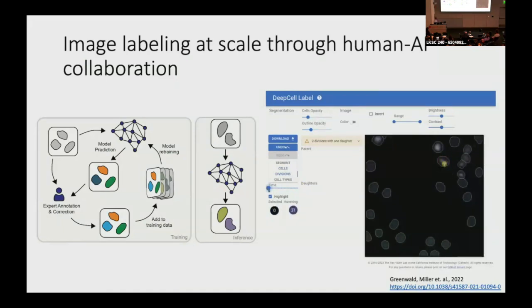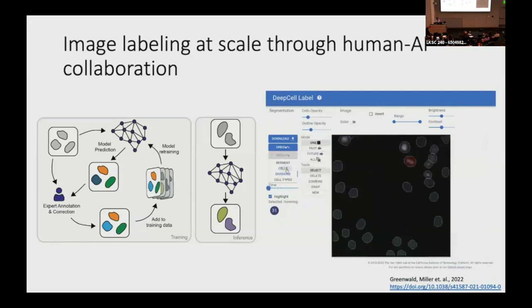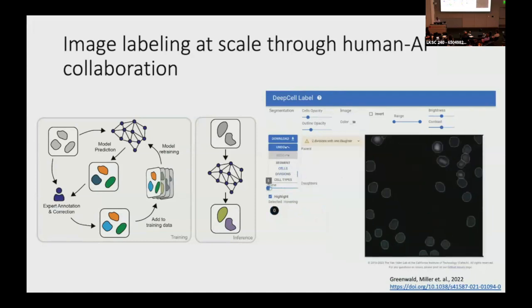And so we've been on this effort to create the foundation of data and labels that these vision-centered foundation models actually need. So the core concept is this human-in-the-loop labeling, where most labels are not created from scratch, but rather by correcting the mistakes of early versions of models. To enable this, we've built this software tool, several years old now, DeepCell Label, browser-native software for doing collaborative labeling of large image collections.